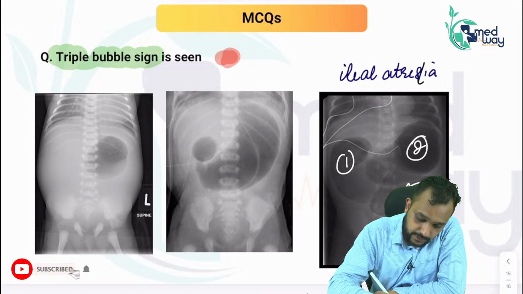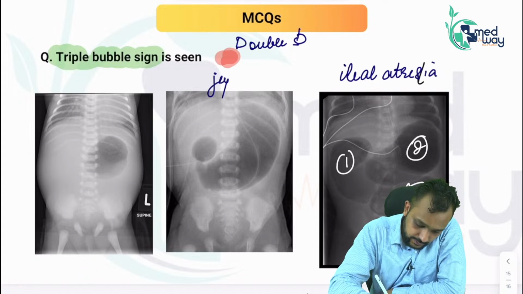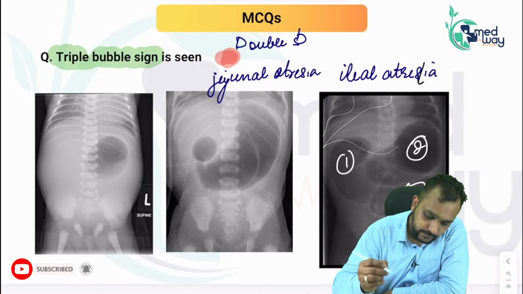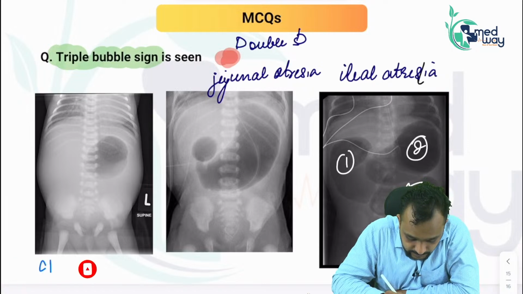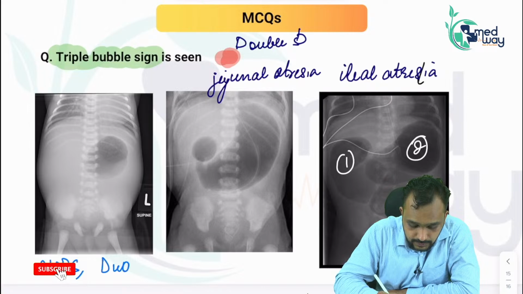Then you have the double bubble sign seen in patients with jejunal atresia, right? And you have the single bubble sign seen in patients with congenital hypertrophic pyloric stenosis and duodenal atresia.